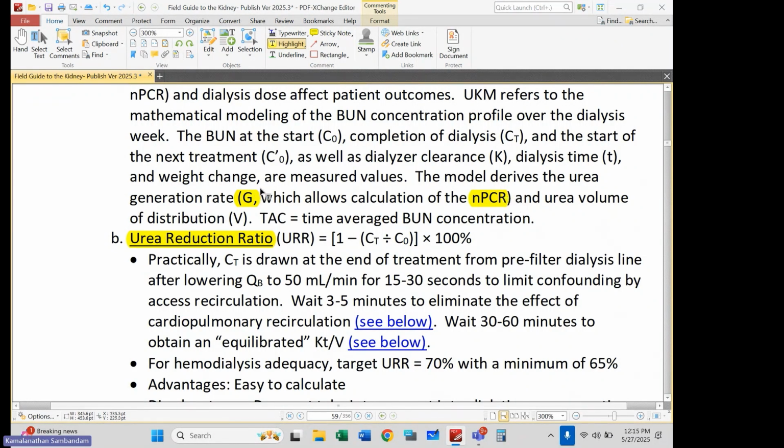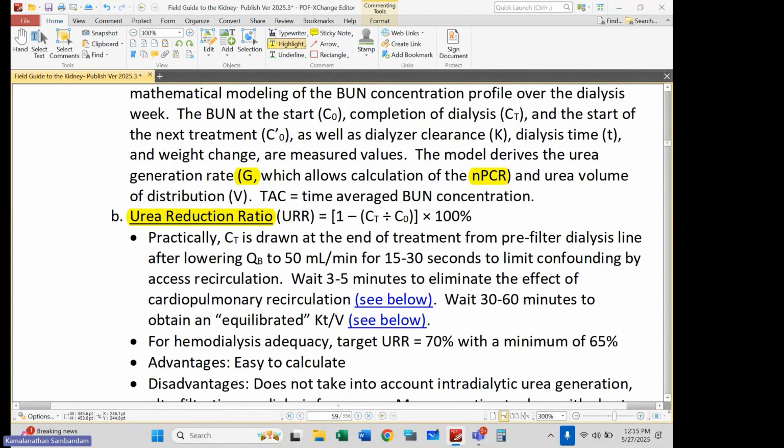Again, that is going to be informed by this urea generation rate, G. It is divided by the patient's body weight to get a normalized protein catabolic rate or protein nitrogen appearance. That is the clinically relevant term that emerges out of this calculated value G. So you're going to see PCRs or PNAs, that is coming out of G.